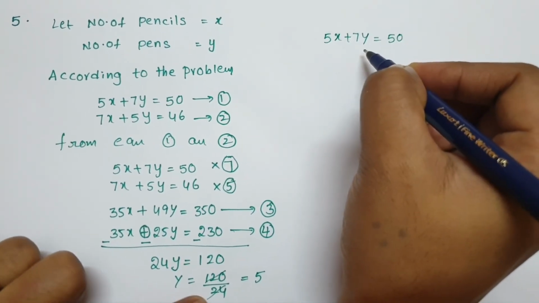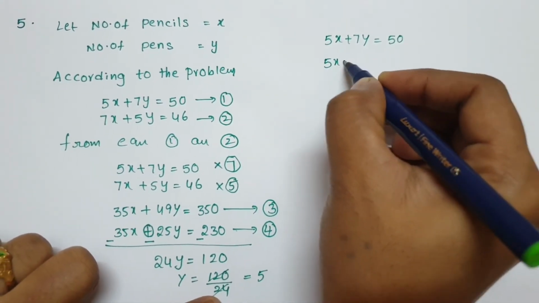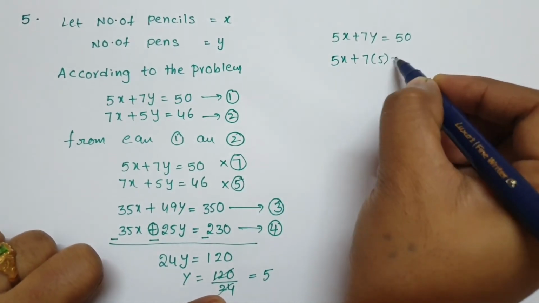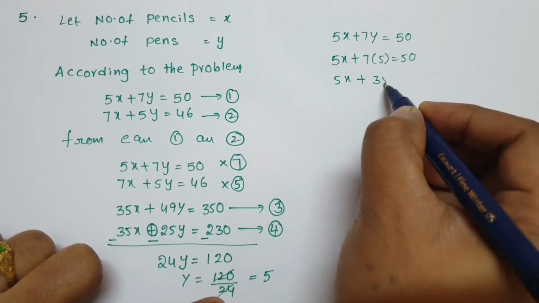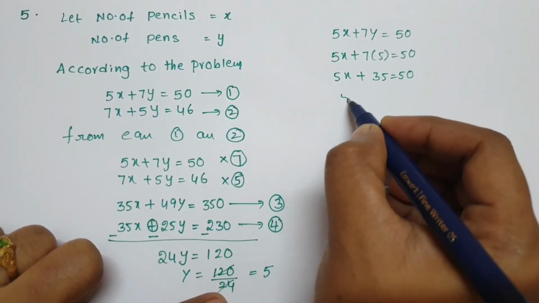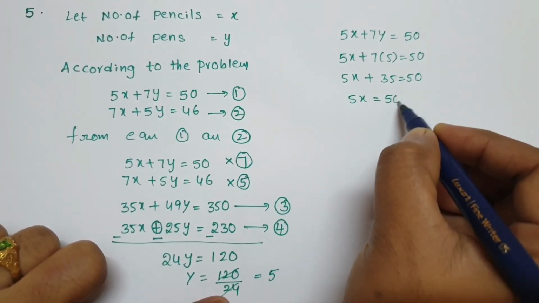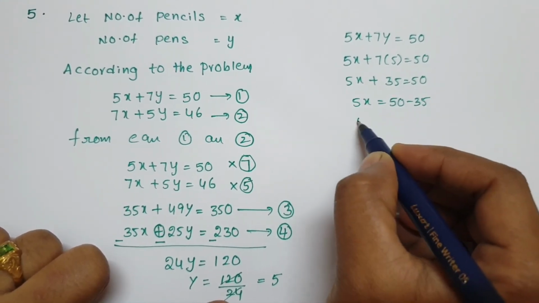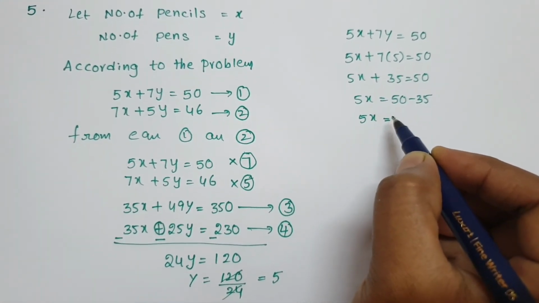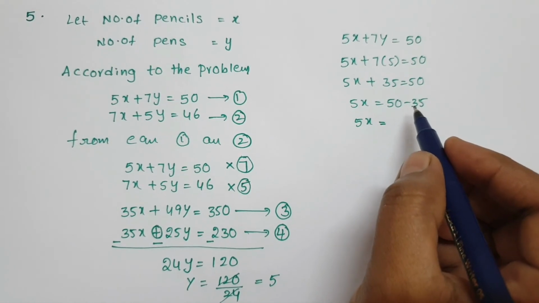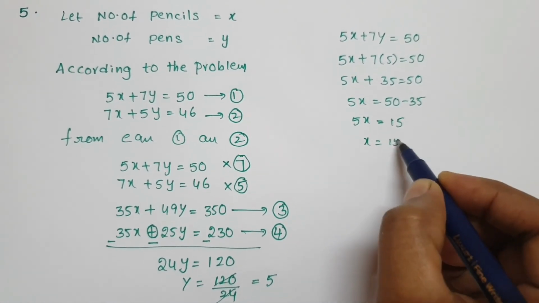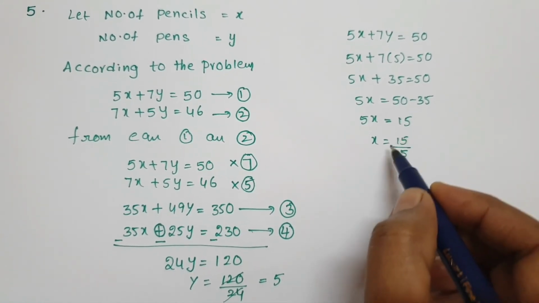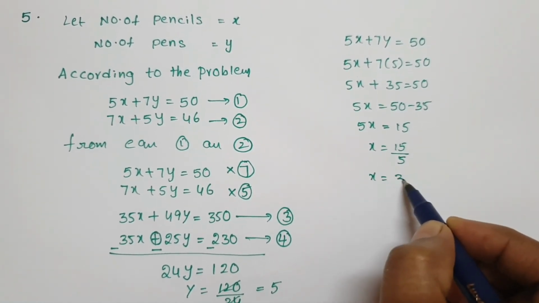In this, substitute the y value 5. 5x plus 7 into 5 equal to 50. 5x plus 7 5s are 35 equal to 50. 5x equal to 50 minus 35. 5x equal to 15. x equal to 15 by 5. 5 3s are 15. x equal to 3.